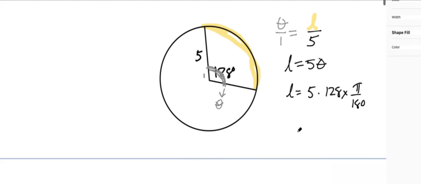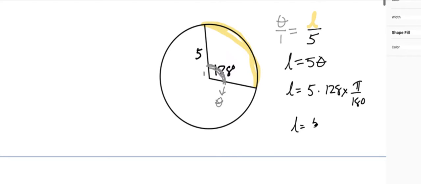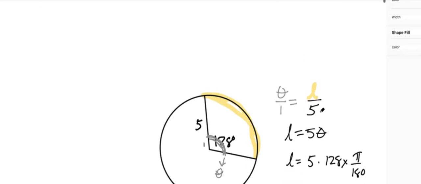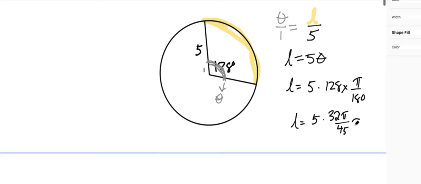With a little bit of calculation, I'm going to divide both the top and bottom by 4, and I get 32 pi over 45. With a calculator, because they asked us to round it to the nearest tenth, this is approximately 11.17 something, and to the nearest tenth that is 11.2. So the length of L is approximately 11.2 centimeters.